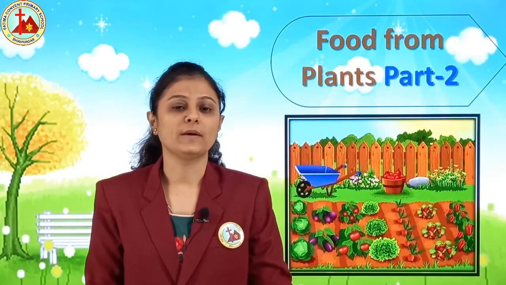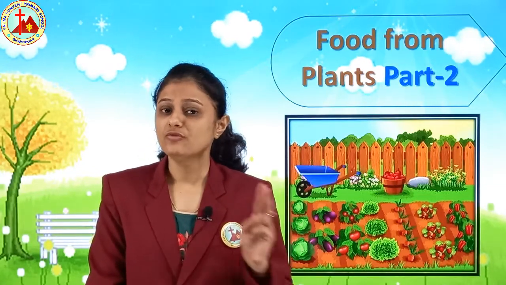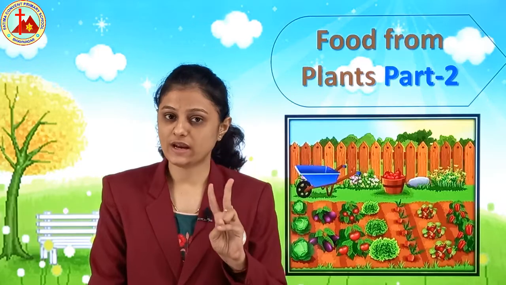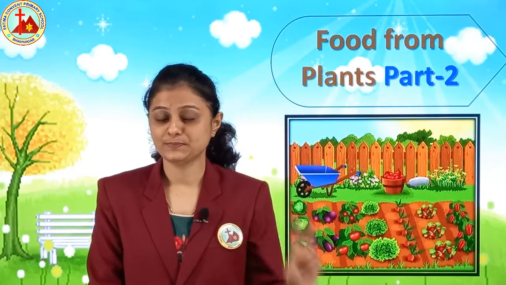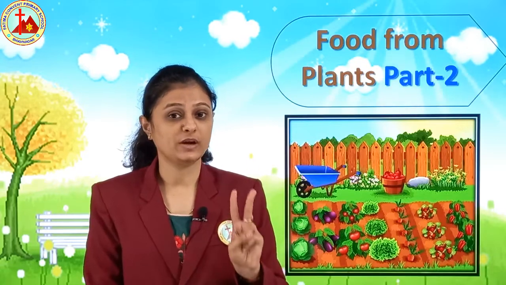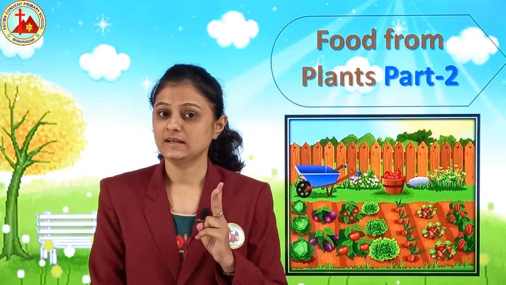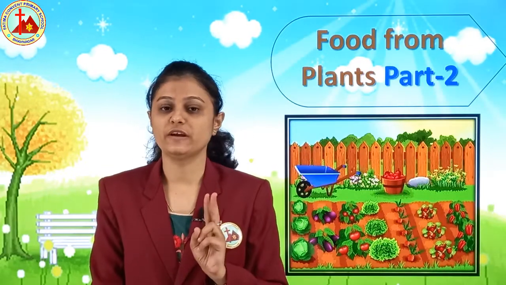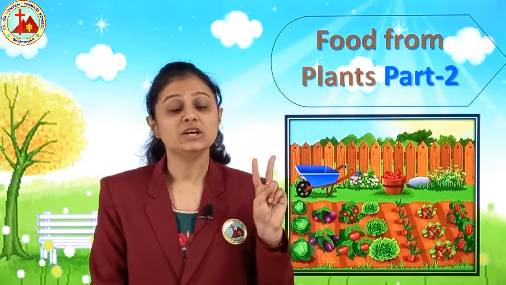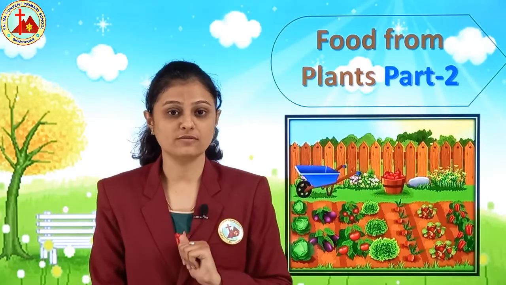Now in the parts of plant, which 2 vegetables do you get from roots? Come on, tell me. Okay, carrot and beetroot. Very good children. Now you all tell me 2 vegetables which you get from flowers.